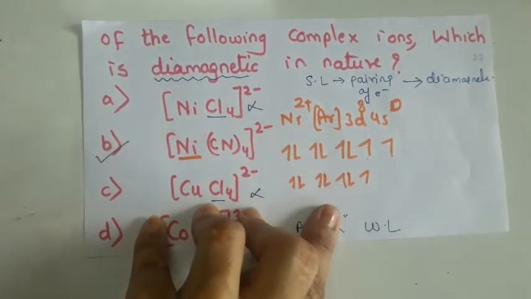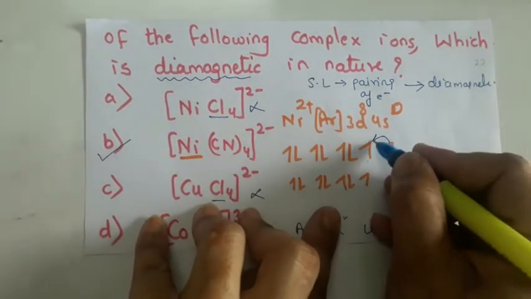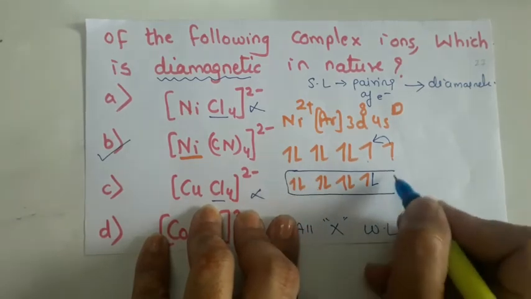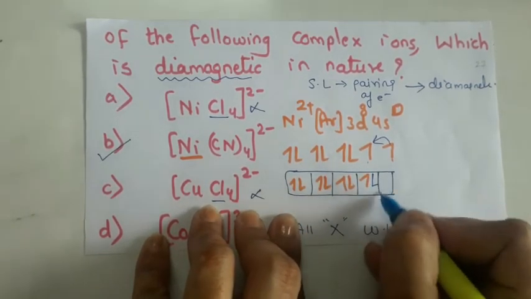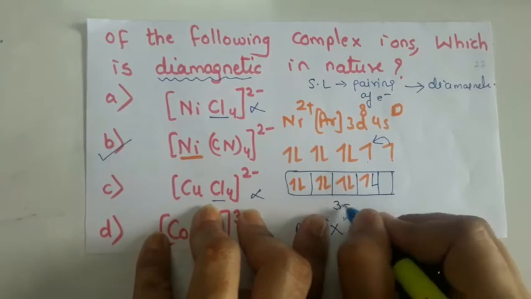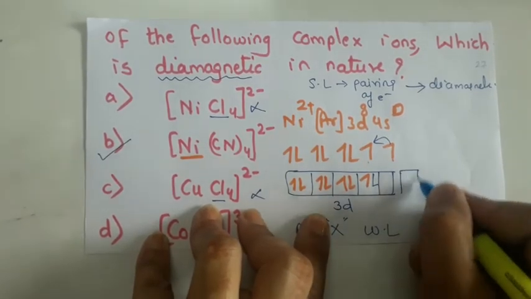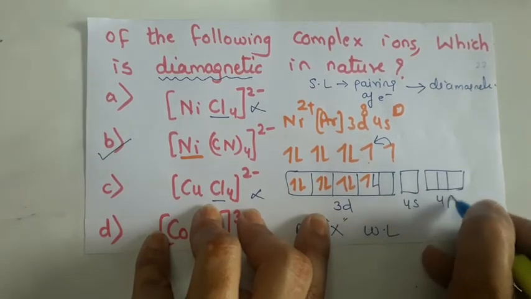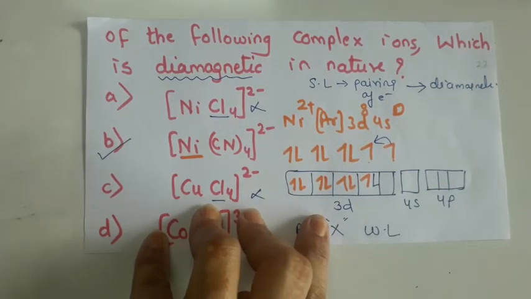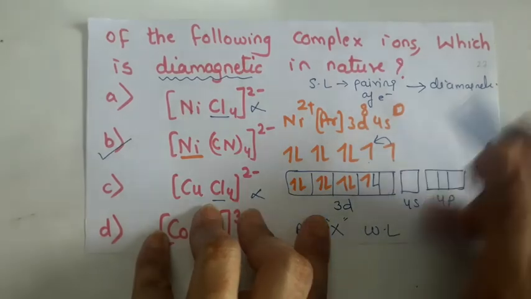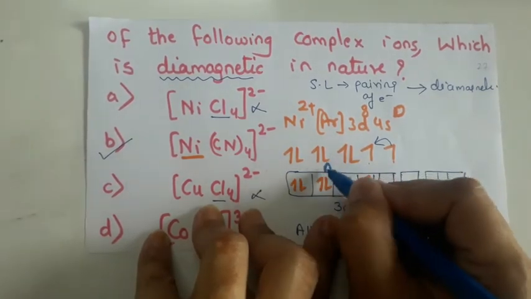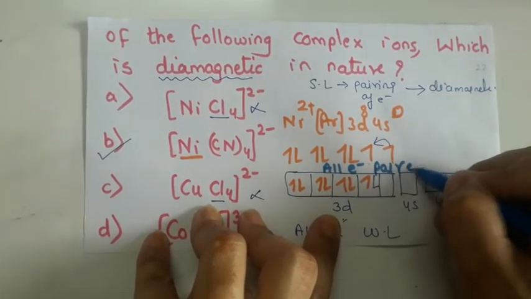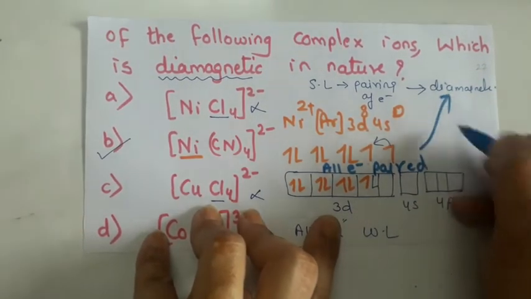See what I do now, I shift the electron from here to the previous orbital. So we are having now all the electrons paired, isn't it? All electrons are paired, and since we are not discussing hybridization, I would not touch hybridization, but still just to tell you what is going to happen next. All electrons are paired, hence it is diamagnetic.